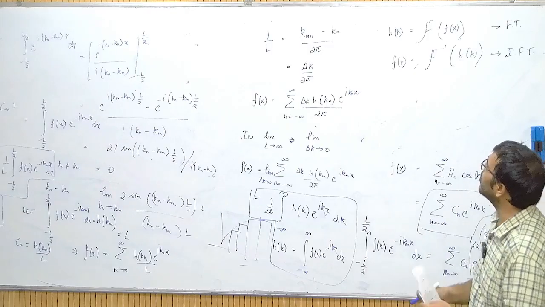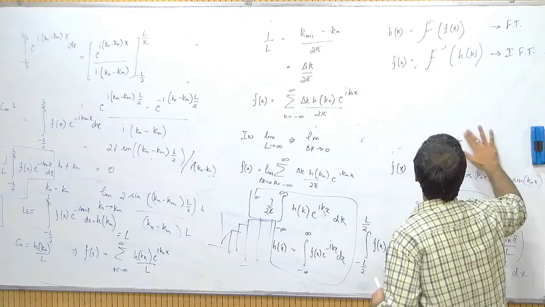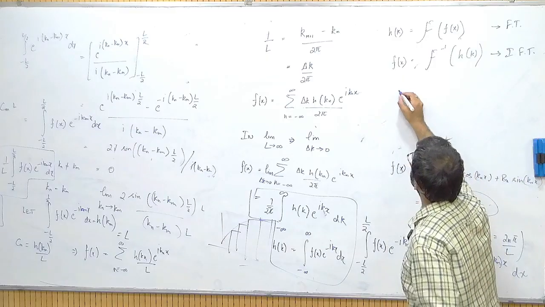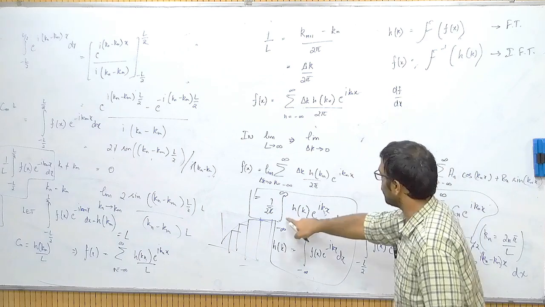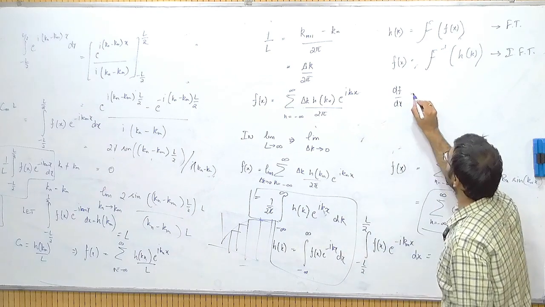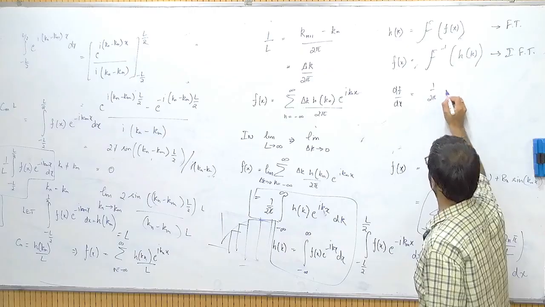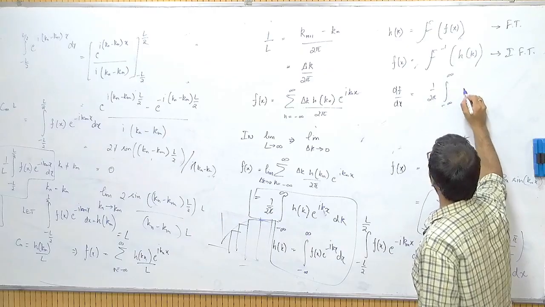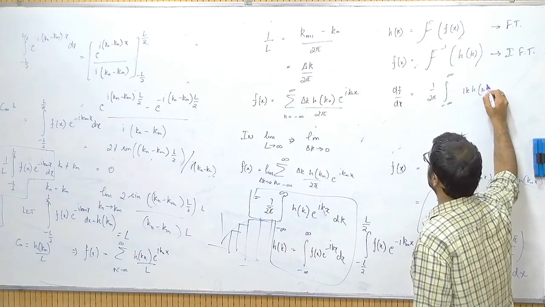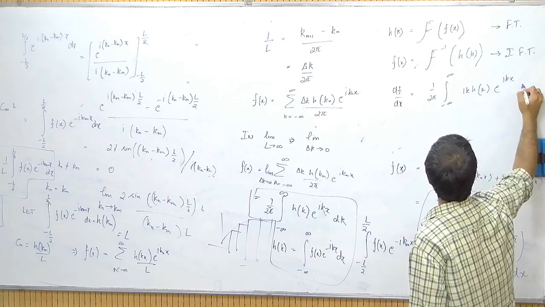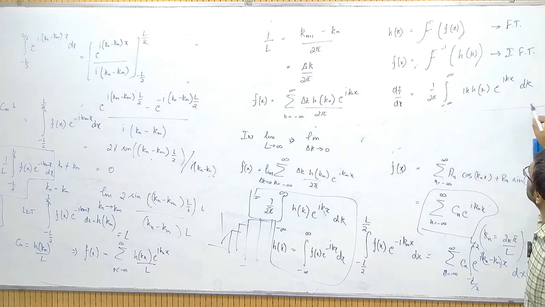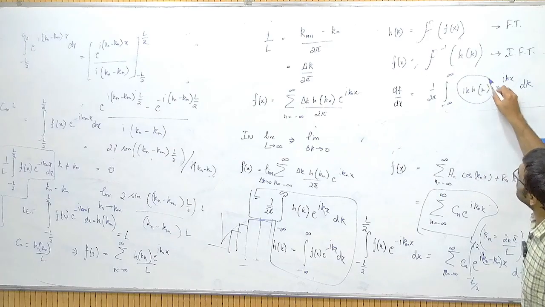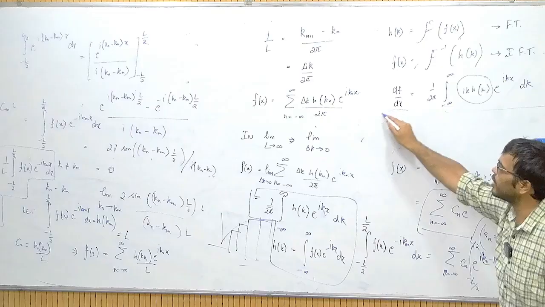Okay. And now, the interesting property that I want to use is, let us look at what is df by dx. So, if f of x is defined like this, then what is df by dx? We have i k h of k e to the power i k x dk. And if you look at this expression, you will see that i k times h of k is the Fourier transform of df by dx.